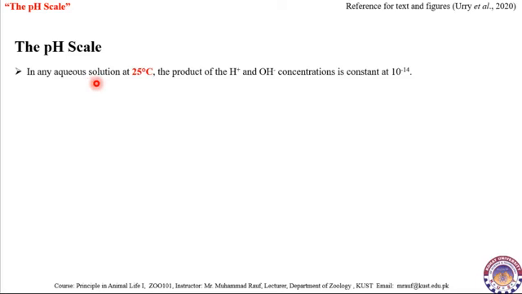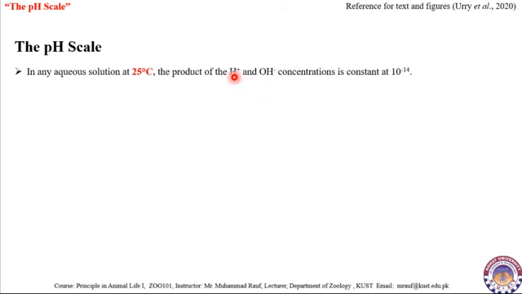In any aqueous solution at 25 degrees centigrade, I hope you remember that room temperature is usually referred to as 25 degrees centigrade, the product of hydrogen and hydroxyl ions is constant at 10 raised to the power minus 14.